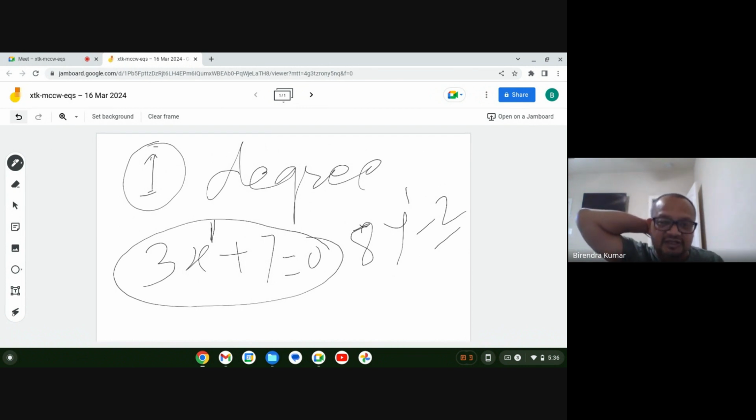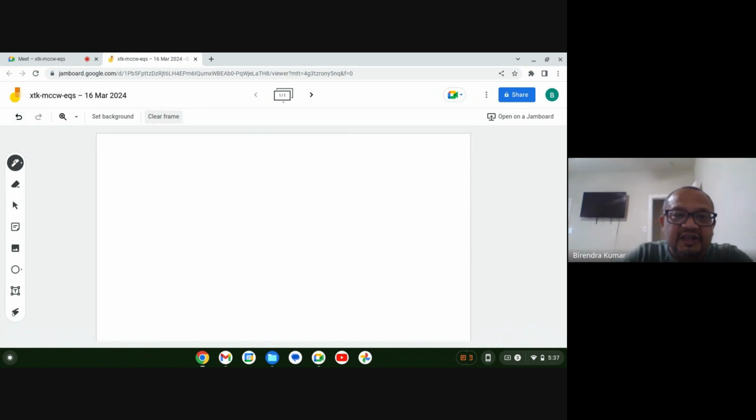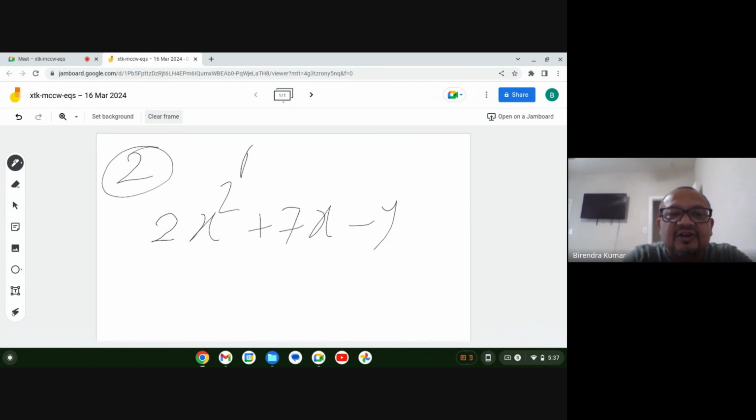So if an expression has more than one term and the degree is one, meaning no square, no cube, no power 4, only power 1 for the variable, that becomes a linear expression. Now, an expression with degree 2 means something like this. This is called a binomial expression. No, not binomial, sorry, quadratic.